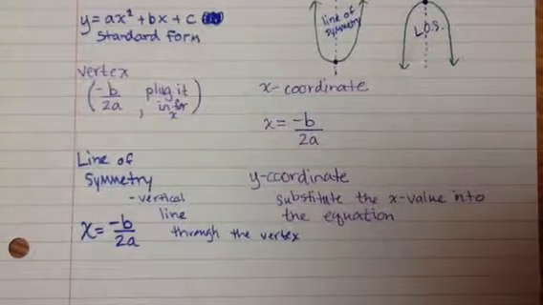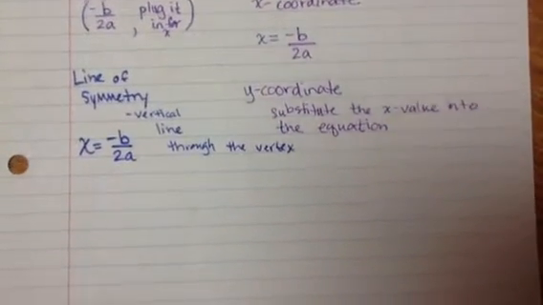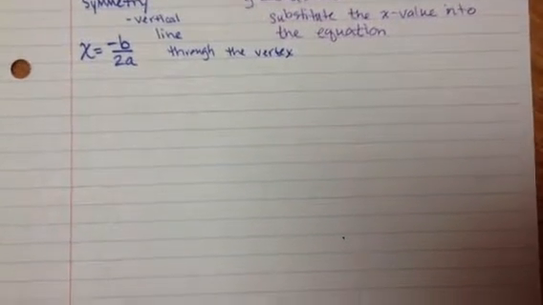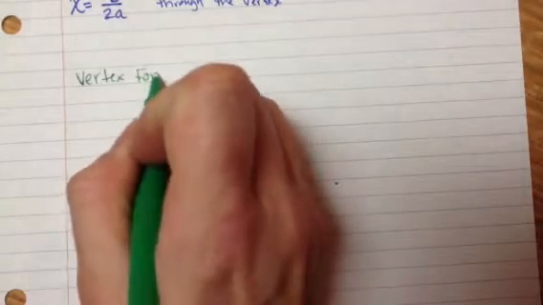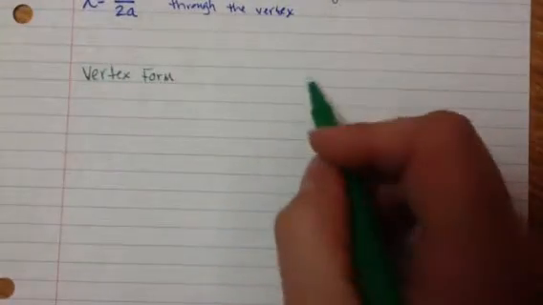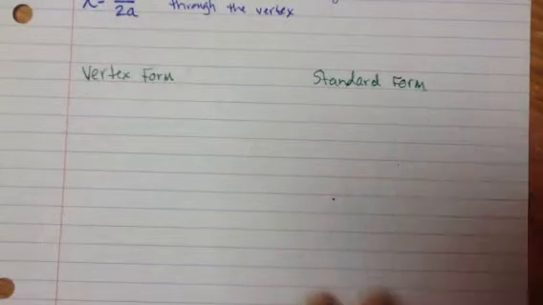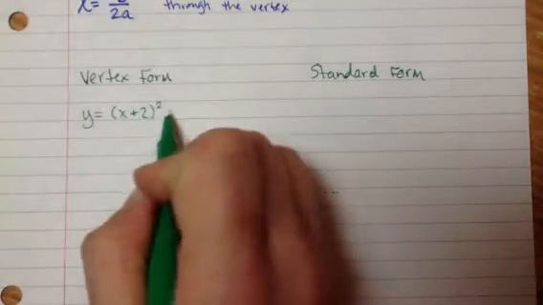Now let's compare our standard form and vertex form for finding the vertex. So this is kind of going to be a little bit of examples for finding the vertex. Let's say we have a vertex form and standard form. Our vertex form will have y equals (x plus 2) squared minus 5.